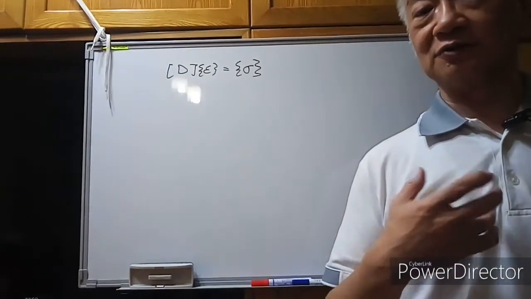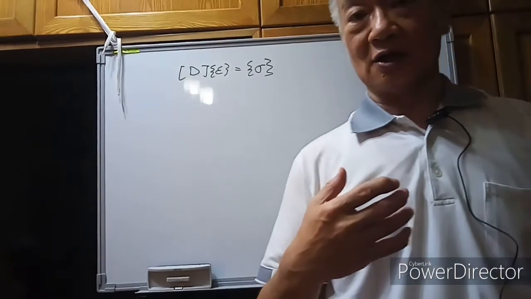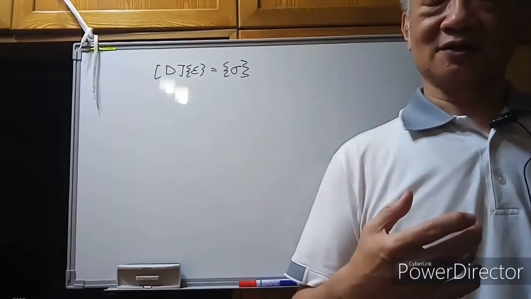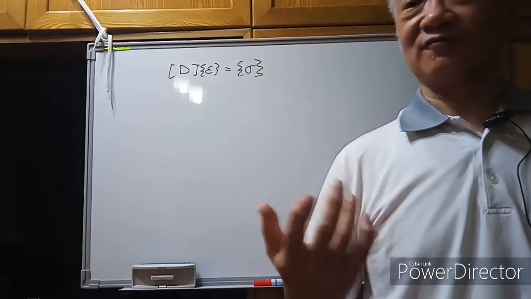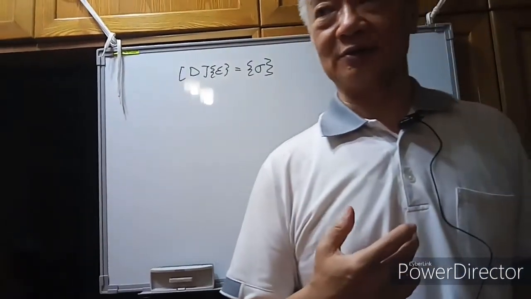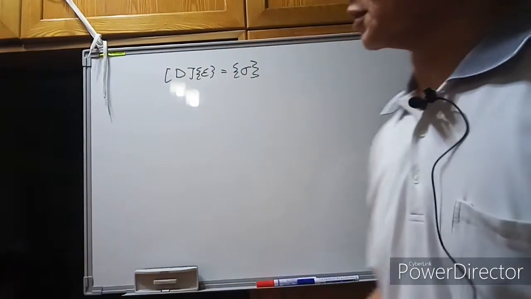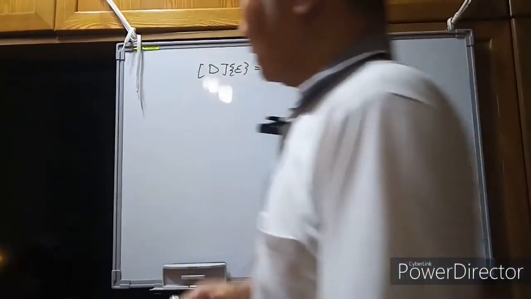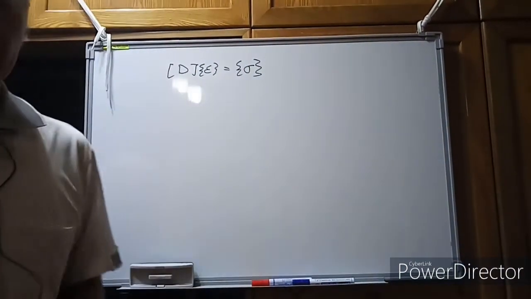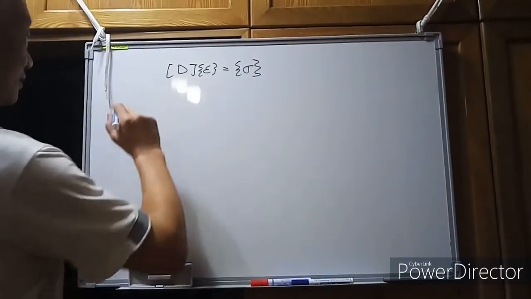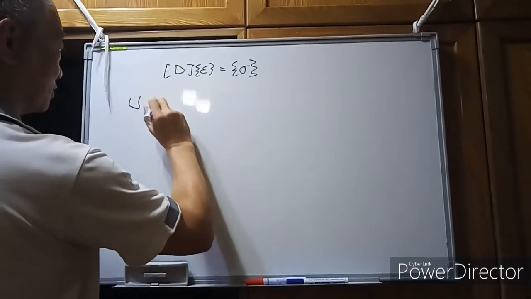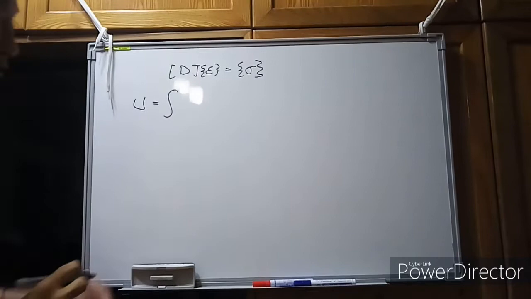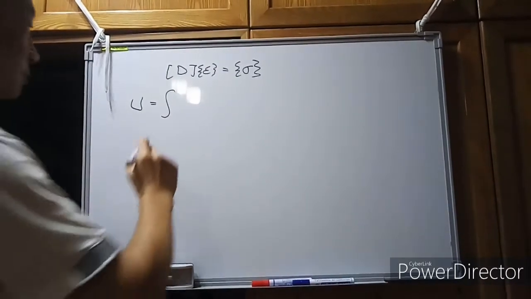But however, you need to understand how we can derive the D matrix. At least for the first time, you can derive it by yourself. Then you can use the table, the results. Okay, so after we know how to calculate the D matrix, the next thing we need to calculate is the strain energy of the considered problems.